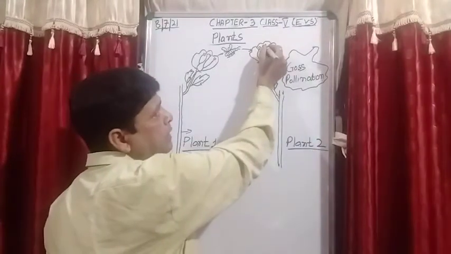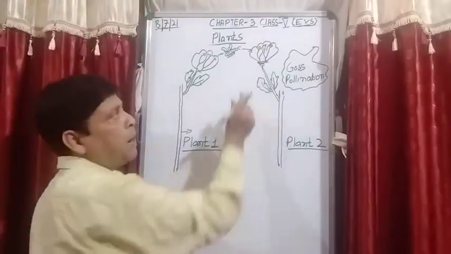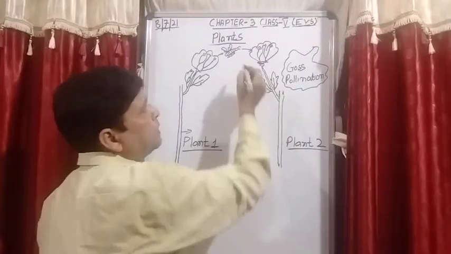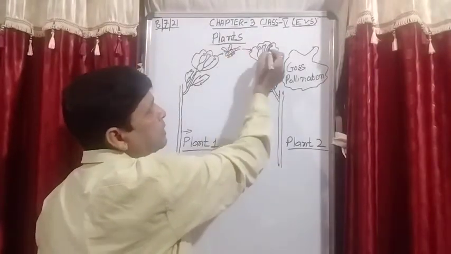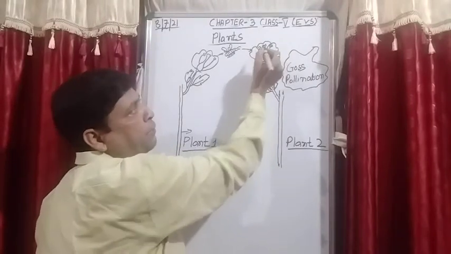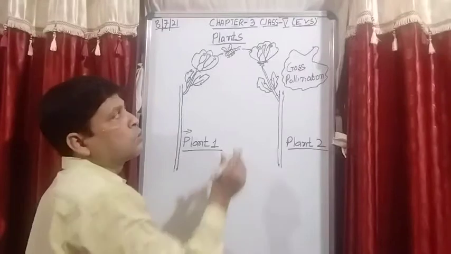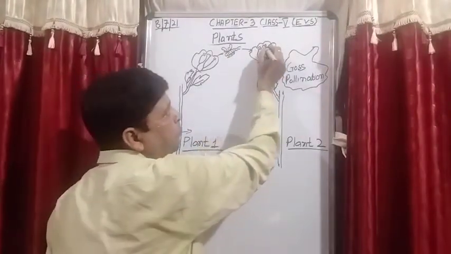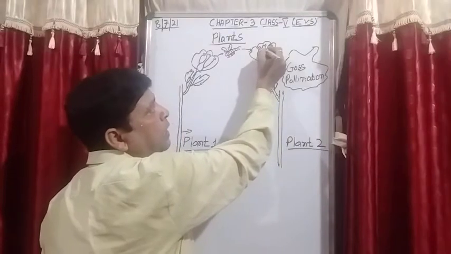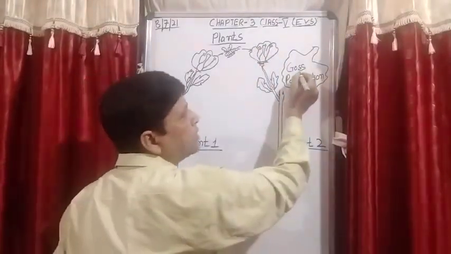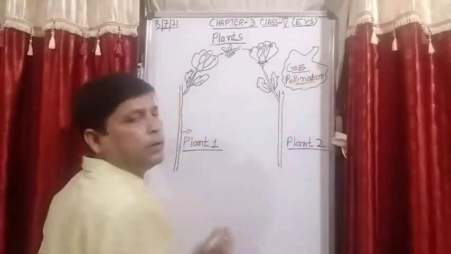When it sits on the flower of plant number 2 for the nectar, the pollens are left on the stigma of the flower of plant number 2. That is the reason this is known as cross pollination.